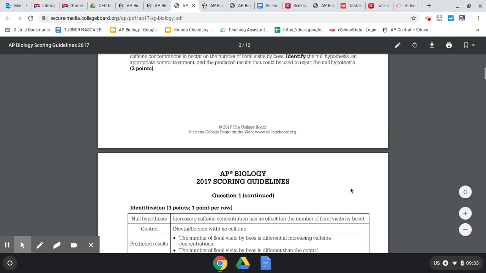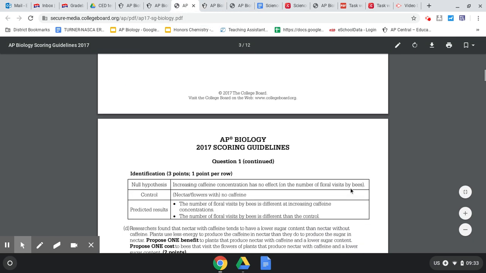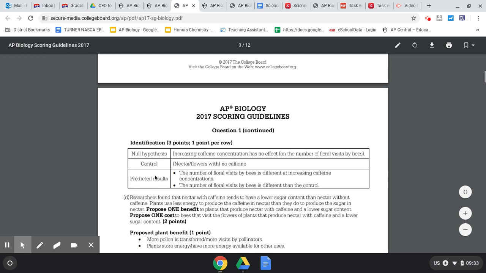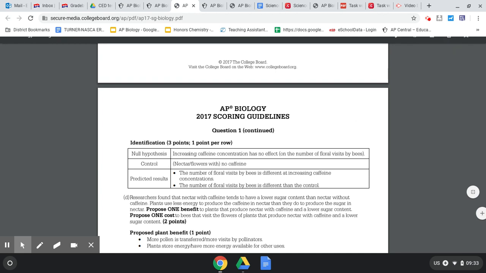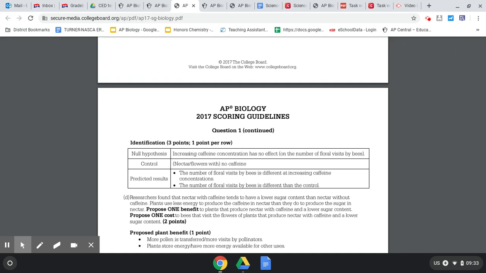So what do we end up coming up with here? We have a null hypothesis that increasing caffeine concentration has no effect, or the bees will go to flowers no matter how much caffeine they have in them. All right, and your control is going to be your flowers that don't have any caffeine in them.